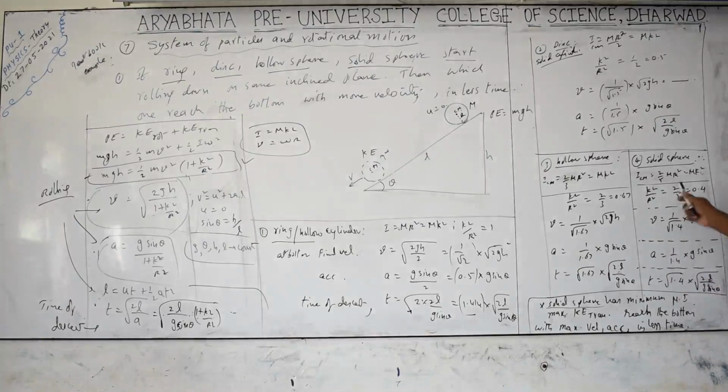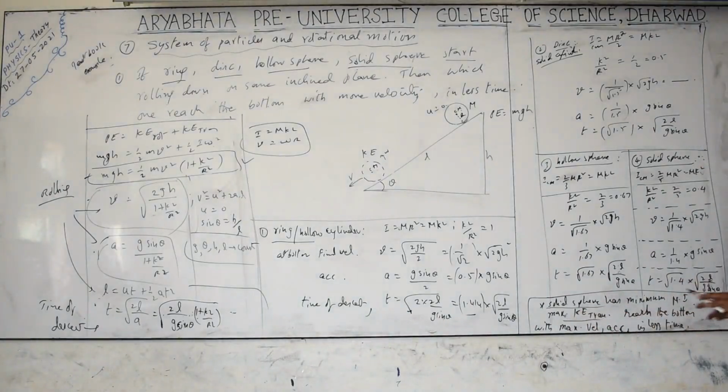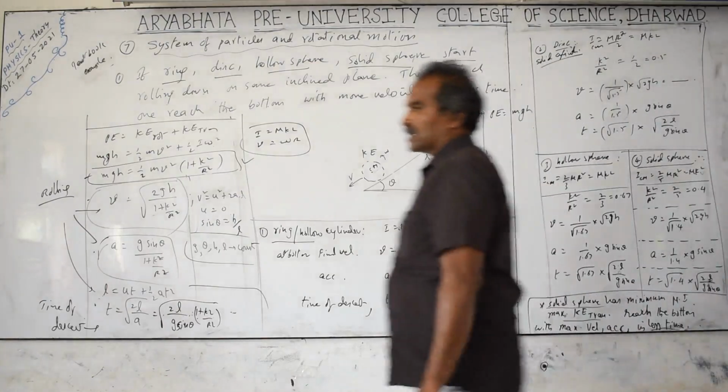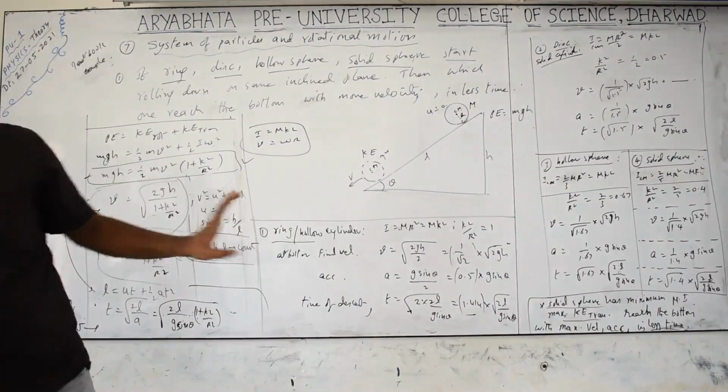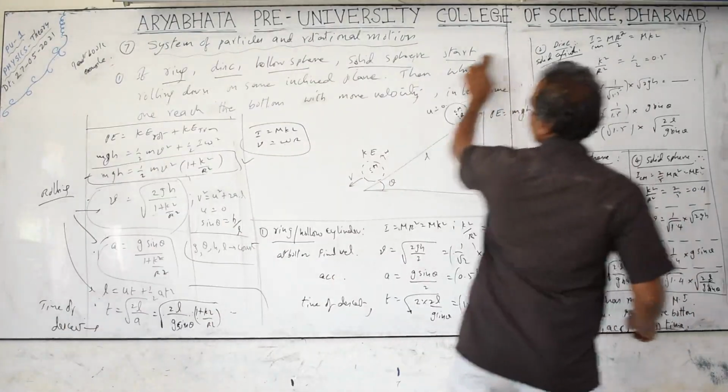If you check up the values, you will get that the solid sphere has minimum moment of inertia and maximum translational kinetic energy. Maximum translational kinetic energy means minimum rotational kinetic energy. It reaches the bottom with maximum velocity and acceleration, but in less time. You can check up the values of these objects. The concept point you have to know is that the solid sphere reaches the bottom earlier compared to other objects. That point you have to know.